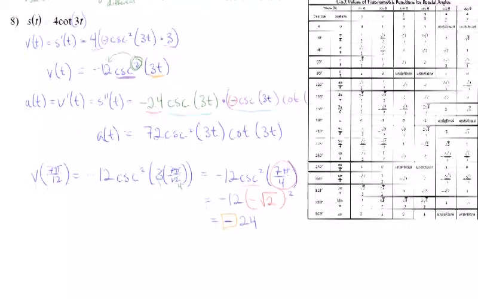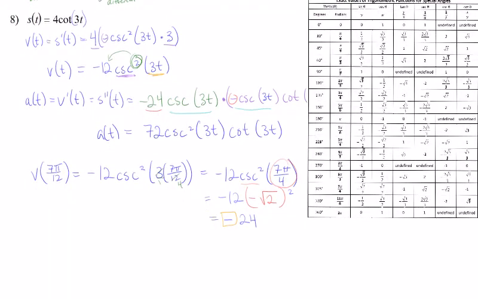So now let's do the same thing with the acceleration. For the acceleration function, I'm going to plug in 7 pi over 12. The acceleration function is 72 cosecant squared of 3 times 7 pi over 12, times cotangent of 3 times 7 pi over 12.